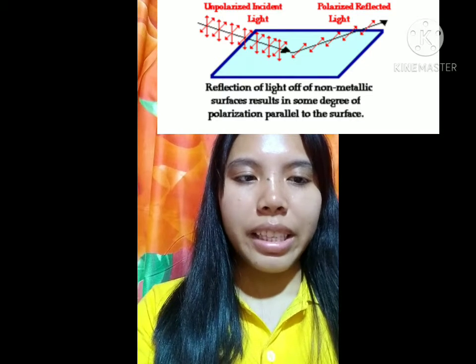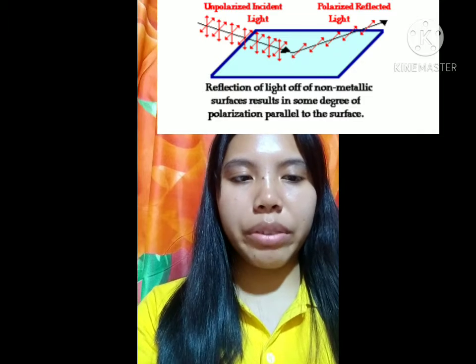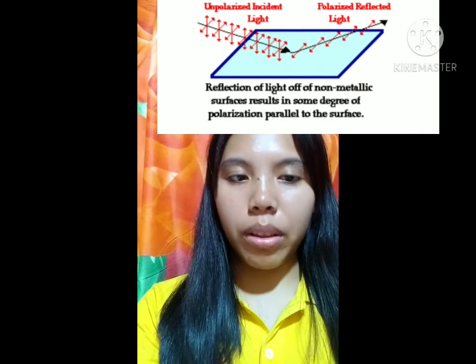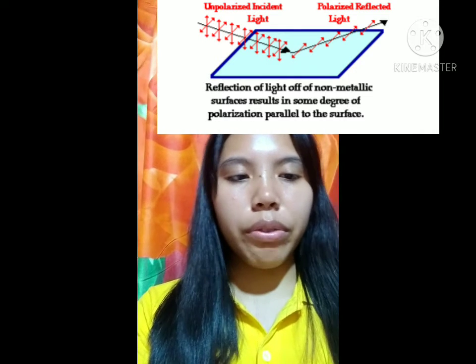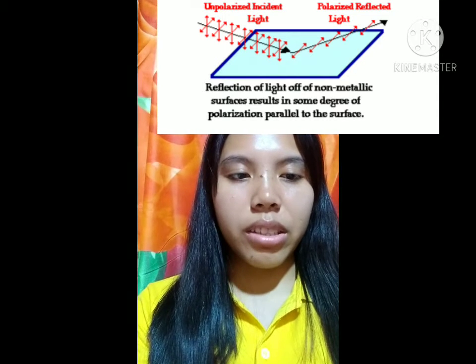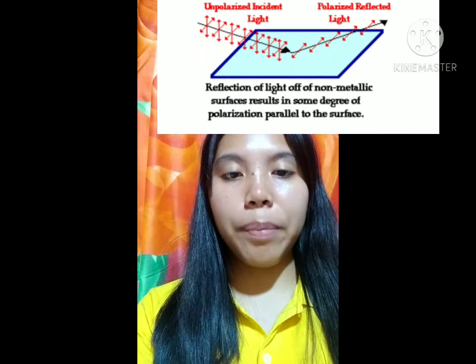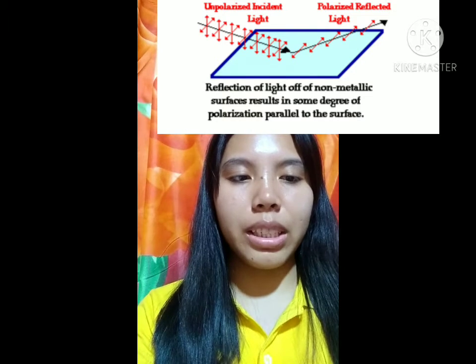Such reflected light is unpolarized. However, non-metallic surfaces such as asphalt roadways, snowfields, and water reflect light such that there is a large concentration of vibration in a plane parallel to the reflecting surface.